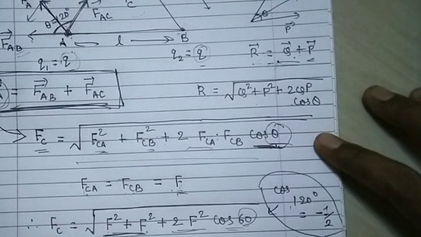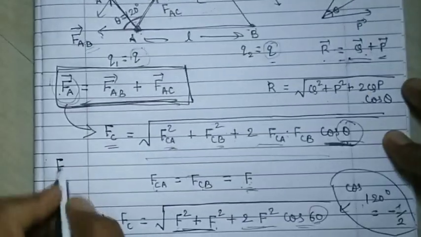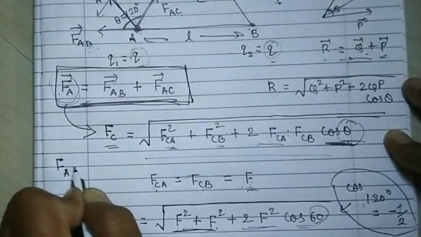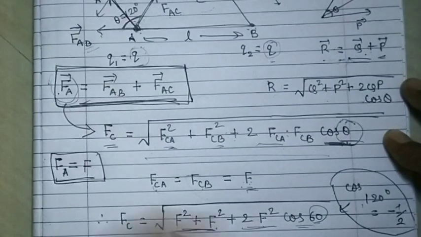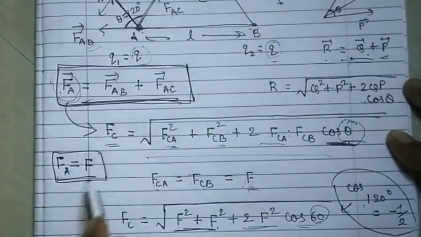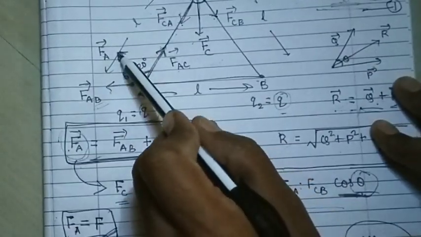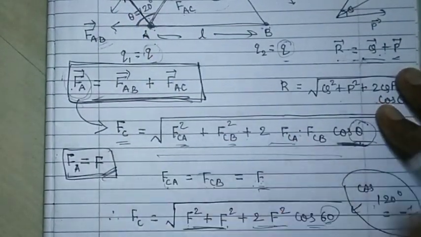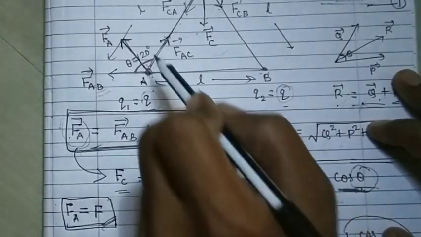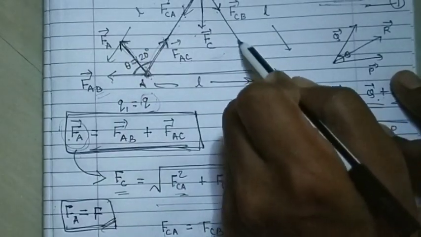So if we put here minus 1 by 2 and then solve it, your answer will be magnitude of force on A will be simply F only. So the magnitude of force, this FA, is simply F by calculation. And then about the direction, as we know that the direction is exactly between these, this is the direction, and which is parallel to this side.